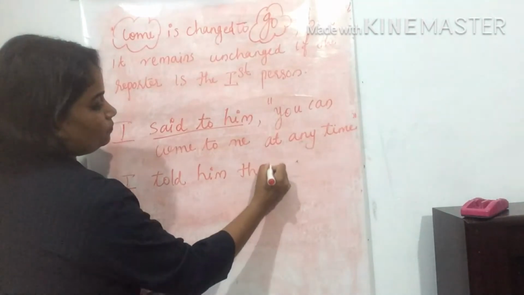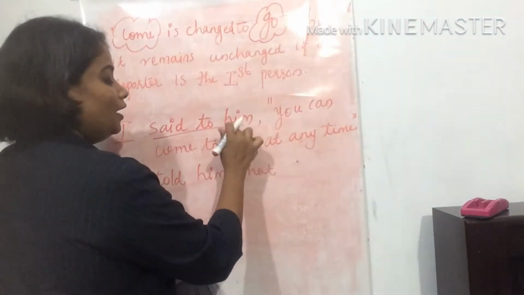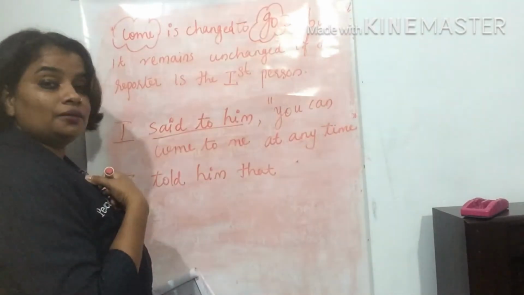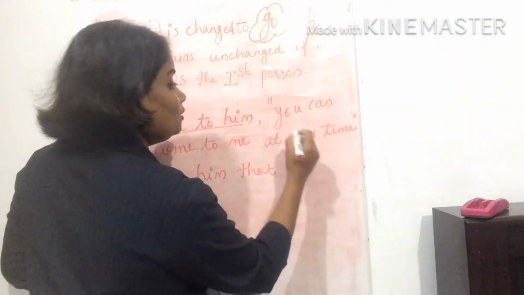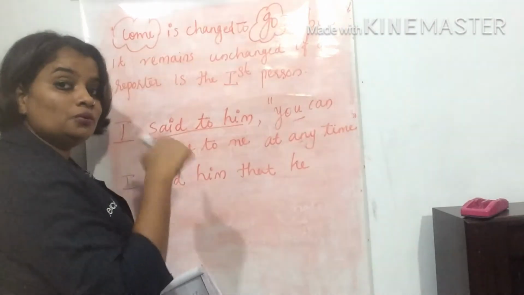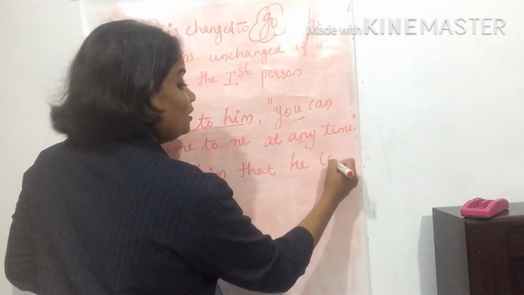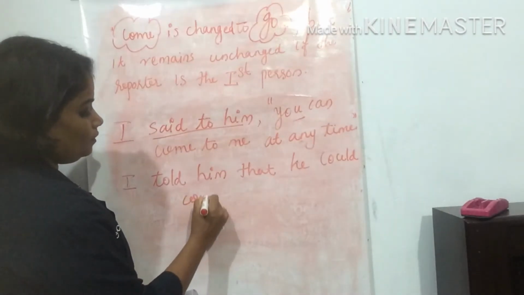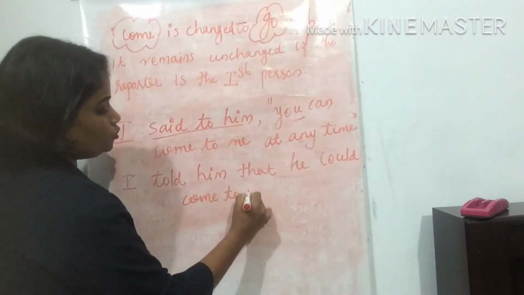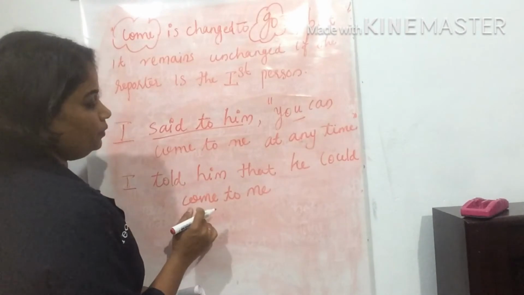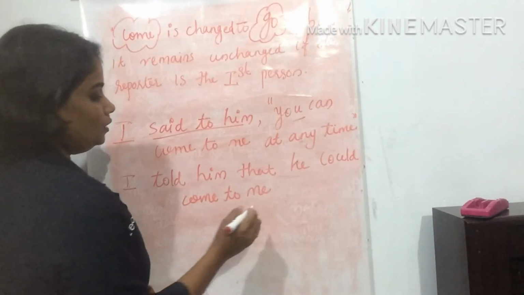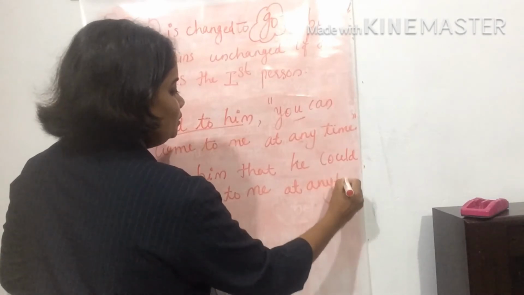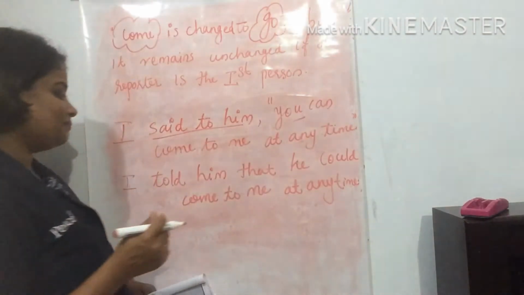him that, okay, I told him what? You can come to me, meaning he, the second person, changes to the third person. He could come to me at any time.